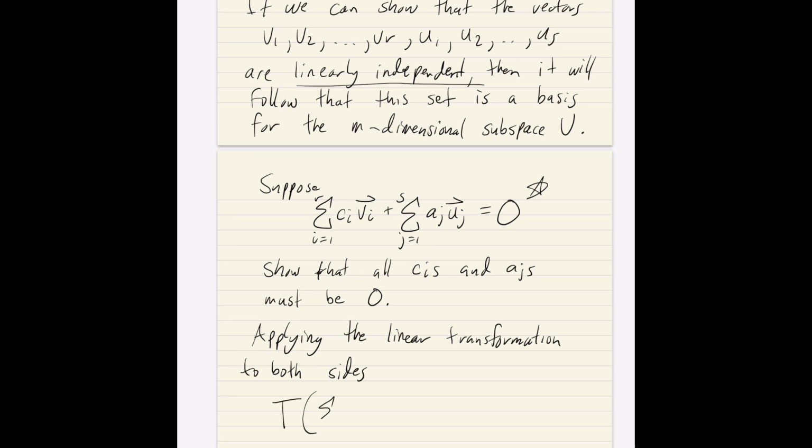We get T of the sum from i equals 1 to r of ci vi plus the sum from j equals 1 to s of aj uj, and that is equal to T of 0.